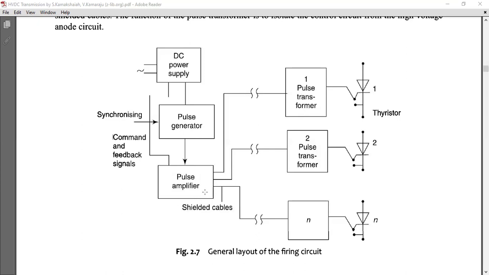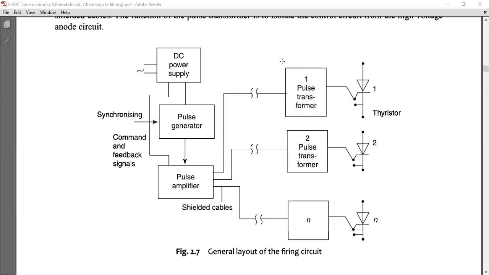From the output of the pulse amplifier, the pulses go through the pulse transformers and damping network before they are coupled to the gate and cathode terminals. So before reaching there, in between there is a pulse transformer.